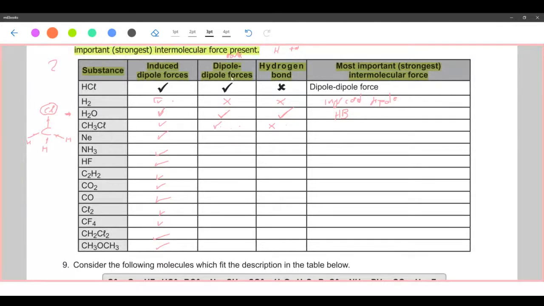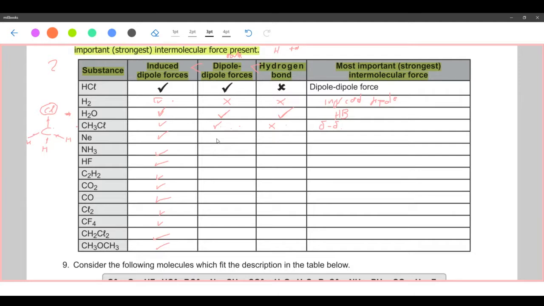Okay, if you didn't have dipole forces. Dipole forces are stronger than induced dipoles. So if you saw there were dipole forces because it's polar, the strongest intermolecular force is dipole forces. Oh yeah, that was just because I got it differently. Yeah, exactly. That looks like one of the trickier ones because you have to analyze the shape carefully.